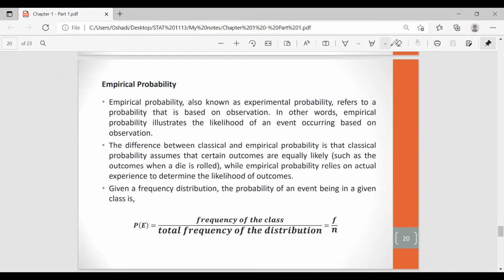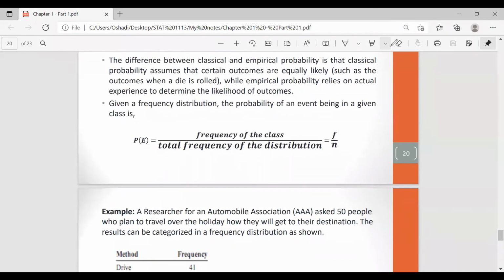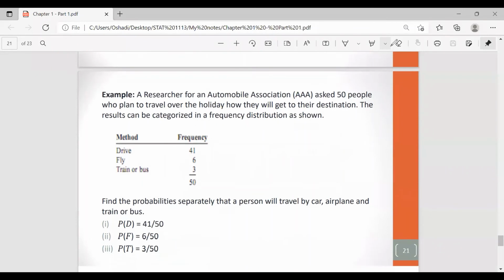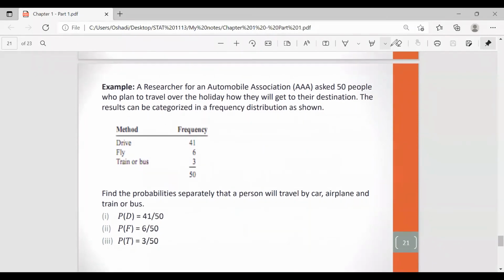I think the example will make it clear. See this example. A researcher for an automobile association asked 50 people who plan to travel over the holiday how they will get to their destination. The results can be categorized in a frequency distribution as shown. There are three methods of traveling: drive, fly, or train or bus.